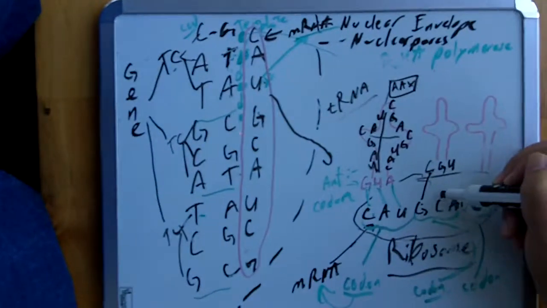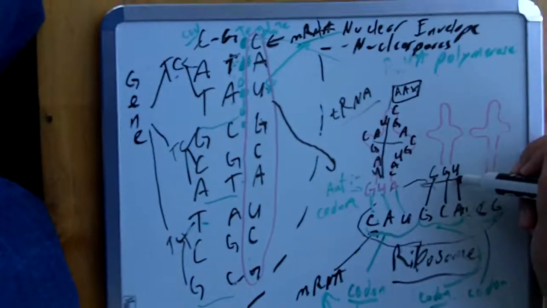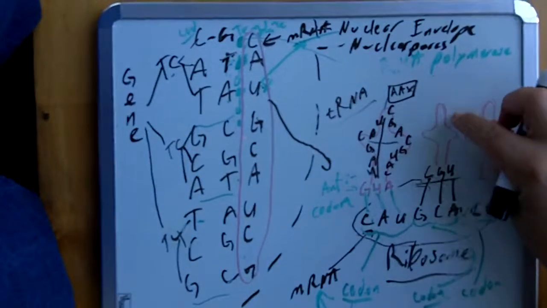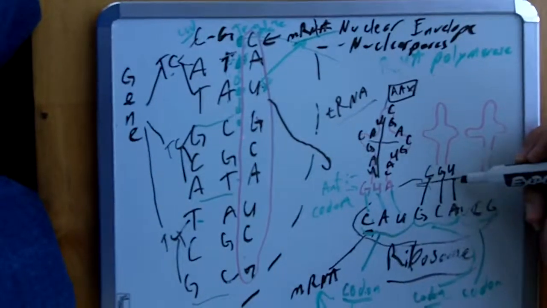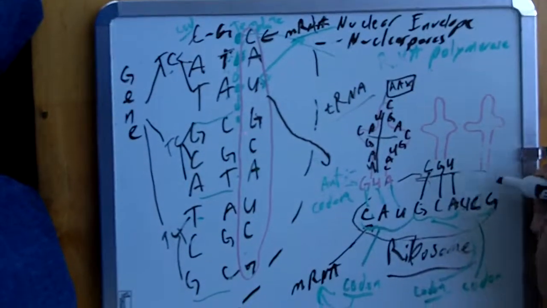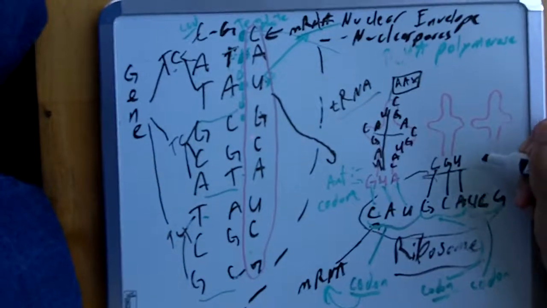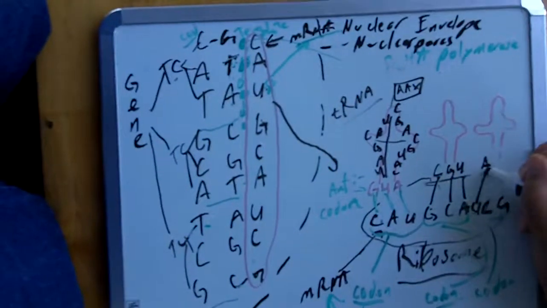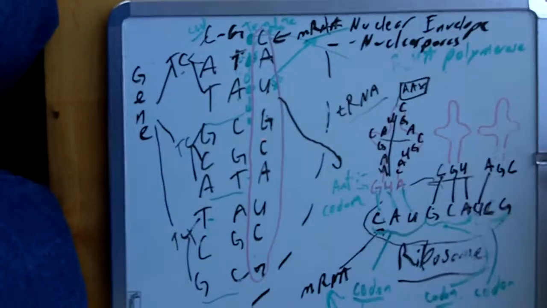C. C binds with G. A binds with U. Now there would be all the other corresponding nucleotides around there, but we don't really care about those. We just care about the anticodon. And then this is UCG. So what would the three here be on this tRNA? It would be A, because U binds with A, C binds with G, and G binds with C.